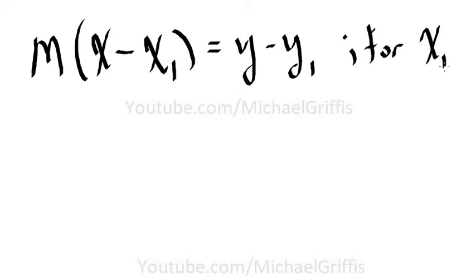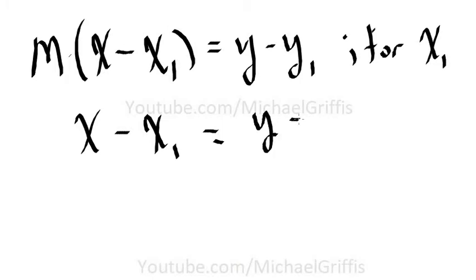What do we do? Well, multiply both sides by 1 over m. And so we're left with y minus y sub 1 over m. Now what do we do?